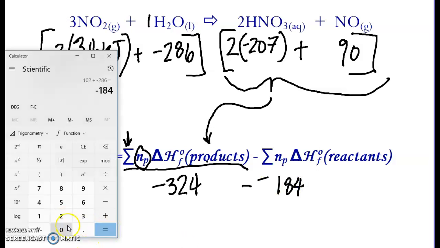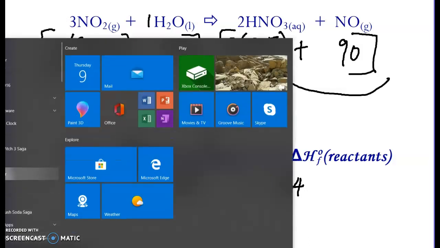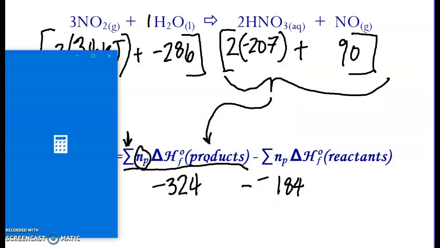Just to make sure we get this right, we have negative 324 minus negative 184 equals. That is not the answer. Let's clear this all out. Try this again. Sorry.